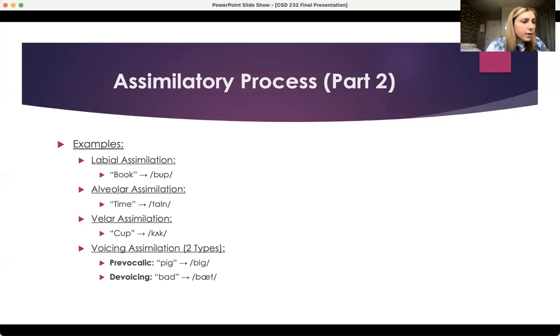Time goes to tine. Velar assimilation is next, and I provided cup, which kind of goes to cuck. And for voicing assimilation, for prevocalic, we have pig to pig and bad to bat. So hopefully those transcriptions will help if I'm not pronouncing them the same way you would.